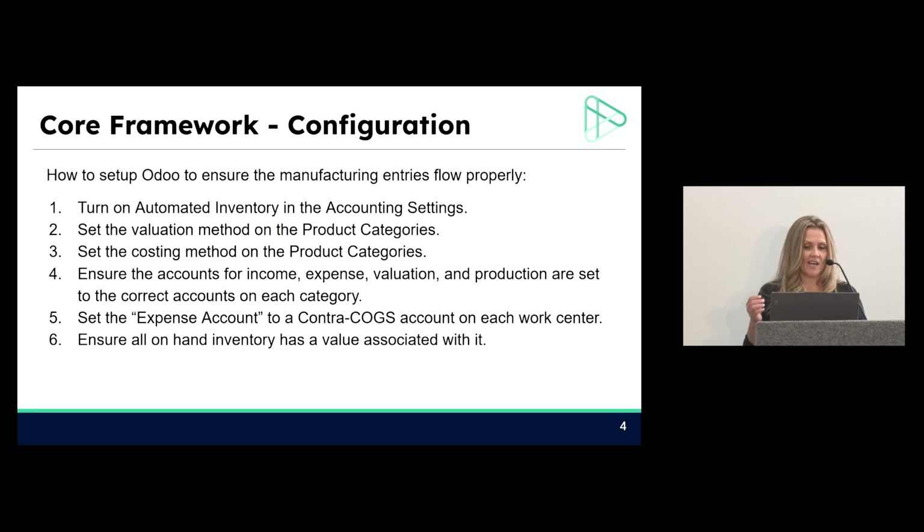You can set all of your income, expense, valuation, all of that there on the categories. And then you're going to want to set the expense account to a contra COGS account on the work center. And then obviously ensure all of your inventory has value associated with it. That's one of the issues that I see: people will ask, well, why am I not getting journal entries? If you don't have a cost associated with it, you're not going to get them.